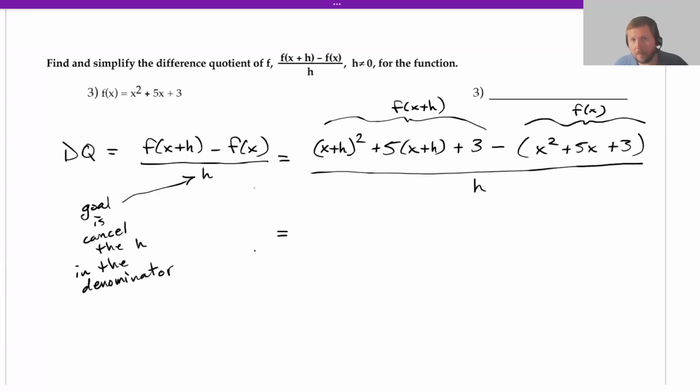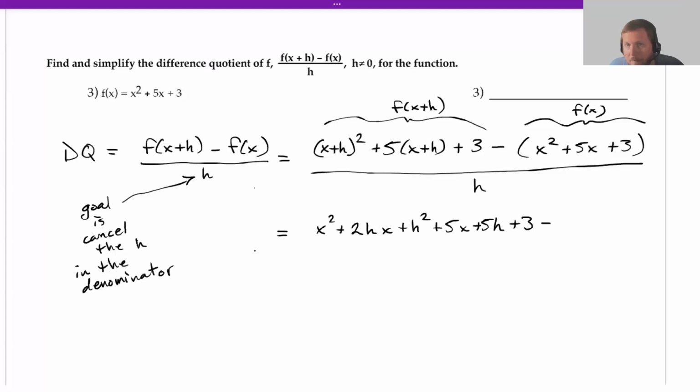So now x plus h squared, multiply that out. So I get x squared plus 2hx plus h squared. It's a perfect square trinomial. Distribute the 5, so I have 5x plus 5h. Okay, 3 is just there.